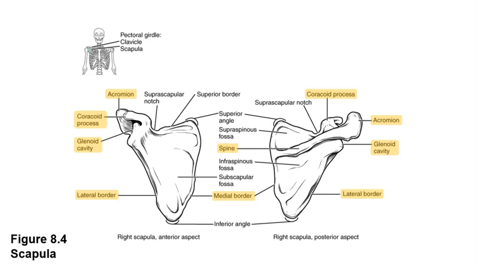The lateral or the axillary border is the border of the scapula that's closest in proximity to the axilla, or the axillary region and the shoulder joint, while the medial or vertebral border is closest in proximity to the vertebral column. On the posterior side, the spine of the scapula, which is a prominent ridge that runs along the posterior side, ends at the acromion, which forms the joint with the clavicle.